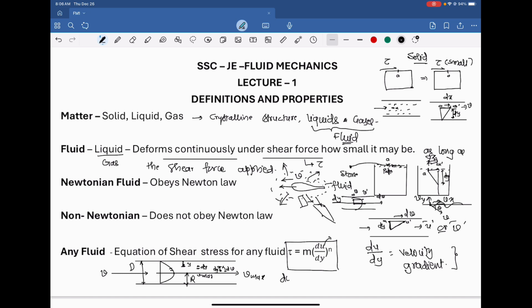Please try to understand this dv by dy geometrically. The change in velocity in the parabolic portion is dv. The vertical portion distance is dy. This dv by dy is equal to velocity gradient. In mathematics, what is dv? dv is a very small, infinitesimal change.